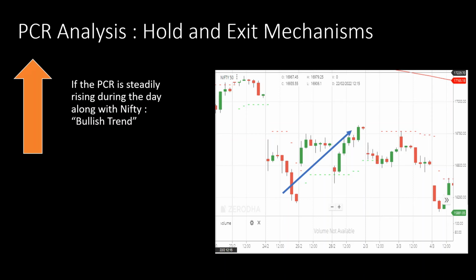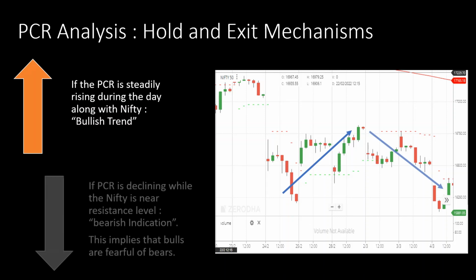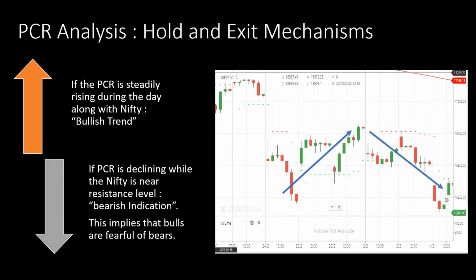That is, the PCR as well as Nifty is steadily rising during the day. Usually PCR stops rising when Nifty hits that resistance level, which is a bearish indication. And it is at this point that we close our call options and take home our profits.